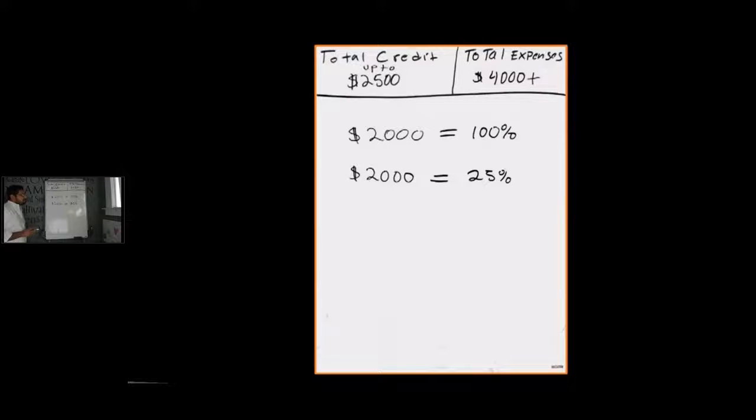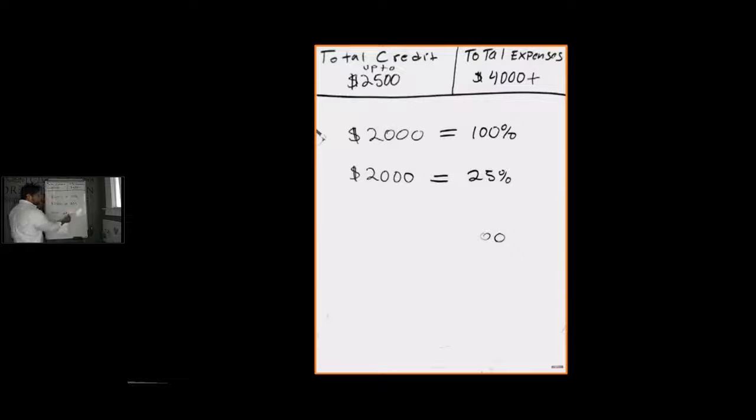I'm not going to look at the whole $4,000. So you can do some simple math: 2,000 times 25% is $500, right? So what does that mean? My total expenses, my credit, is going to be based on $2,500.